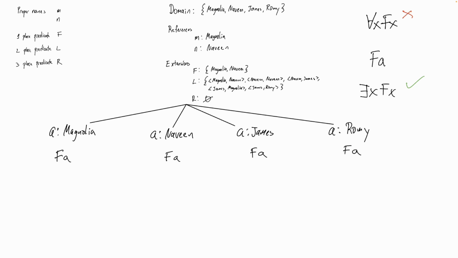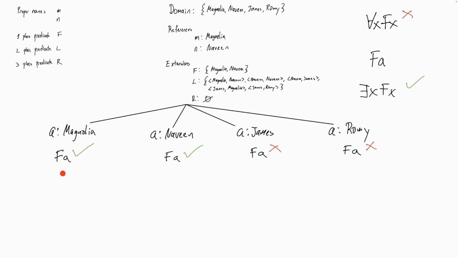Fa is true on the first expanded valuation, where A refers to Magnolia, because Magnolia is in the extension of F. Fa is true on the second expanded valuation, where A refers to Naveen, because Naveen is in the extension of F. But Fa is false on the third expanded valuation, where A refers to James, because James is not in the extension of F. And Fa is false on the fourth expanded valuation, where A refers to Romy, because Romy is not in the extension of F.